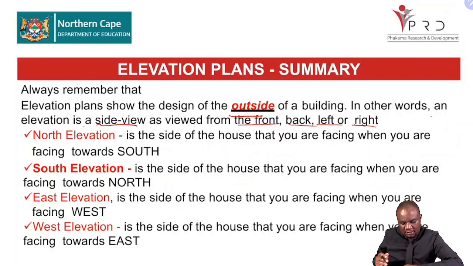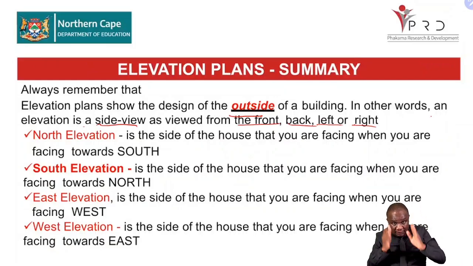I'm outside the building, I'm facing the south, I see the north elevation. I'm facing north, I see the south elevation. I'm facing west, I see the east elevation. I'm facing east, I see the west elevation.